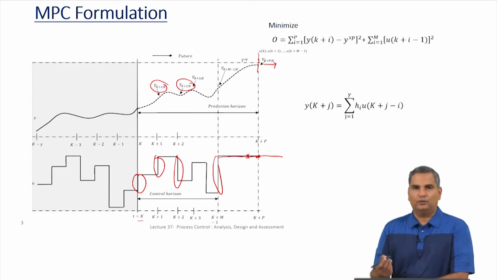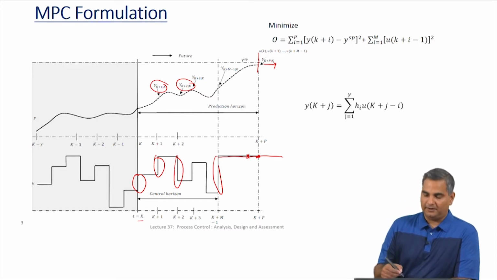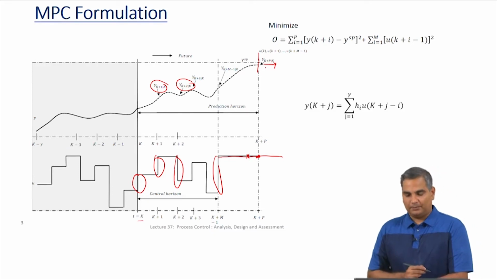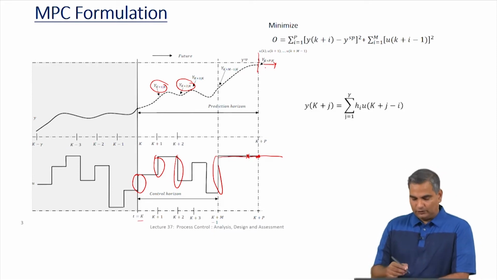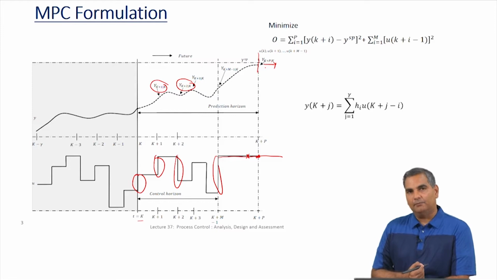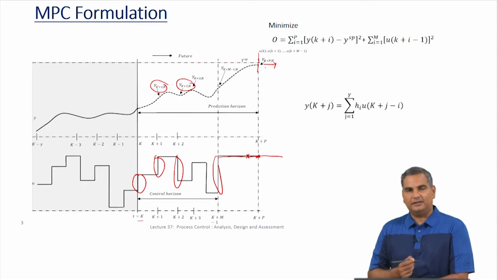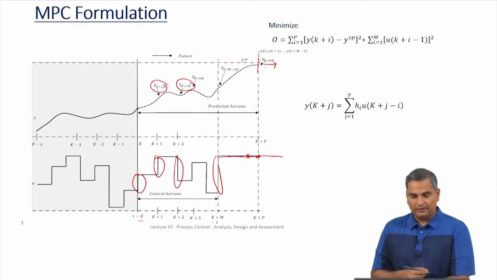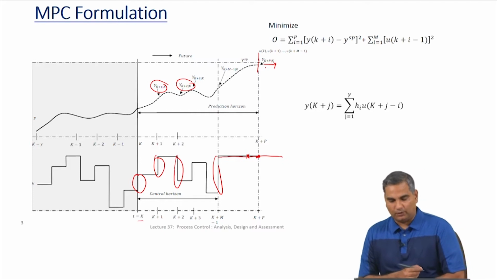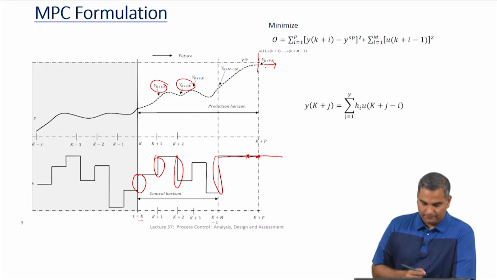Though I could make choices up to k+p-1 to affect all the way up to k+p of the output, I am going to stop at k+m-1 just as a matter of convenience, and I am going to use this m itself as a tuning parameter in my MPC formulation. So, that is what we decide to do here.